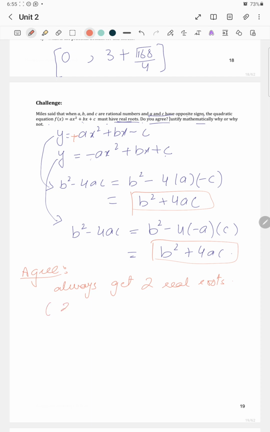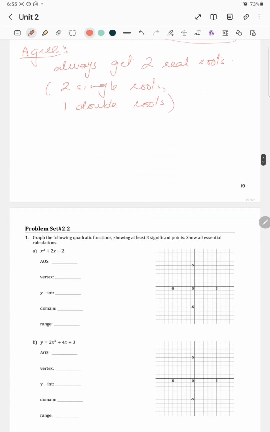Two real roots can be either two single roots or one double root. So the option is correct.